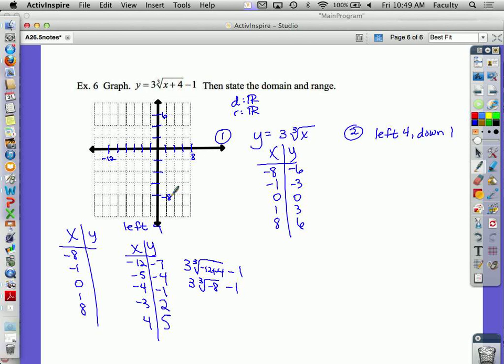So -12, -7 if you're doing it in one shot. Just be careful when you have odd numbers with even tick marks. But then remember, cube roots have the same general shape.